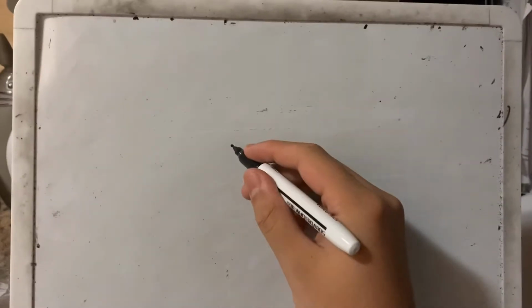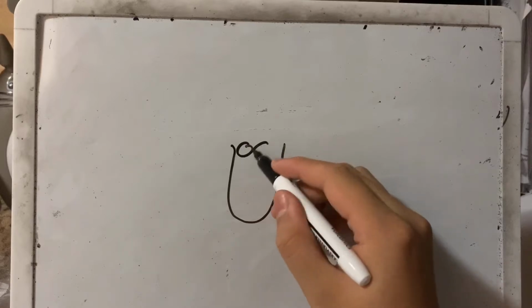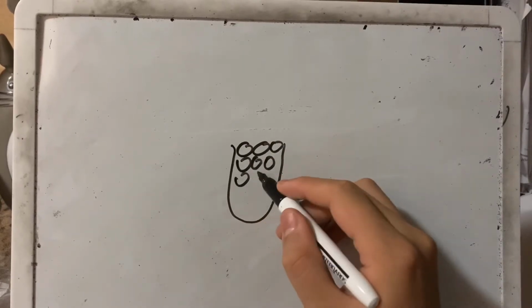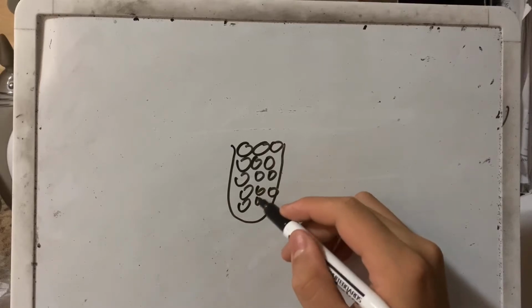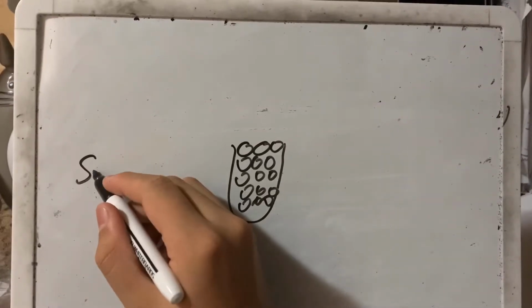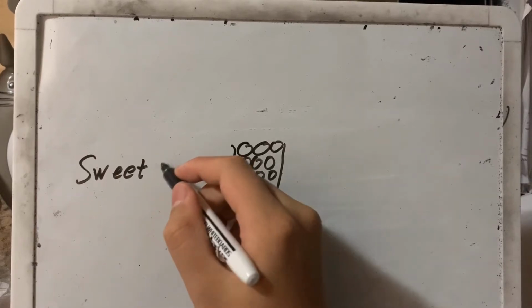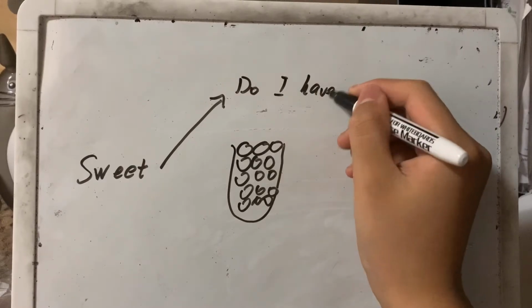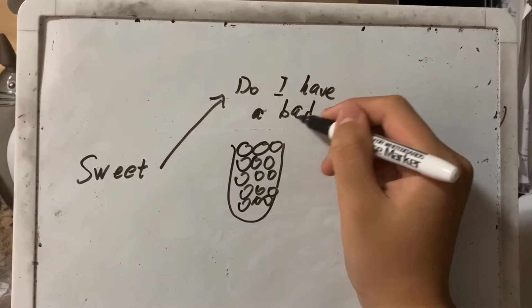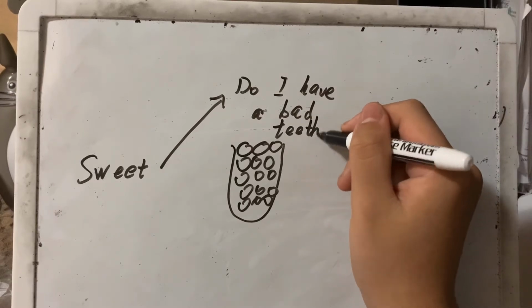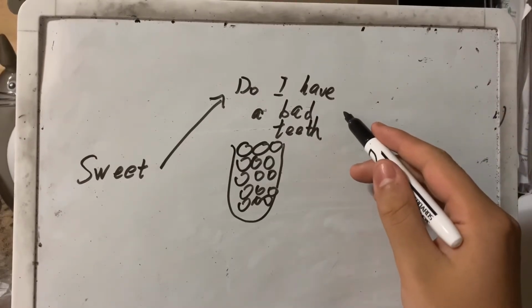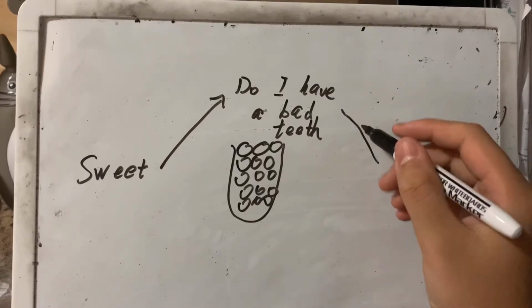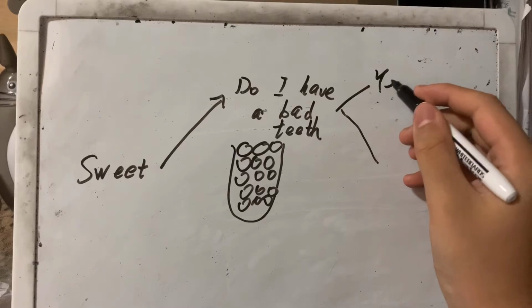Let's make an example, like eating candies. You want to eat as many candies as you want before you get a bad tooth. So every time you are going to eat one sweet, you check: do I have a bad tooth? If you have a bad tooth, then you just stop eating.